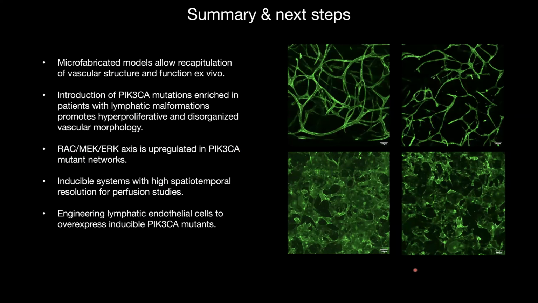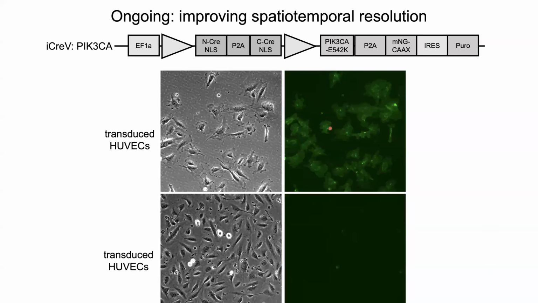But right now, we're trying to address shortcomings of this model using the overexpression constructs by developing light-inducible or drug-inducible constructs that allow us to turn on the activating mutation with some spatiotemporal resolution. We're seeing some good preliminary results from that.